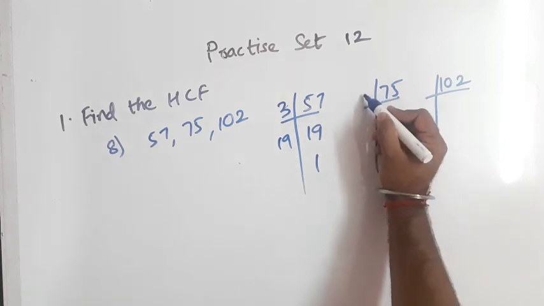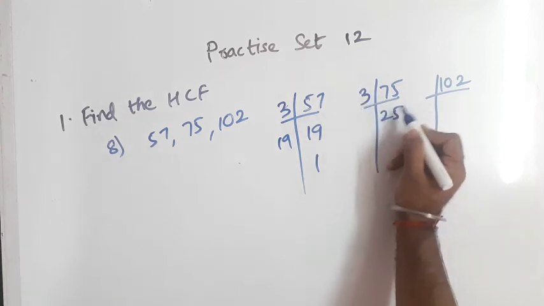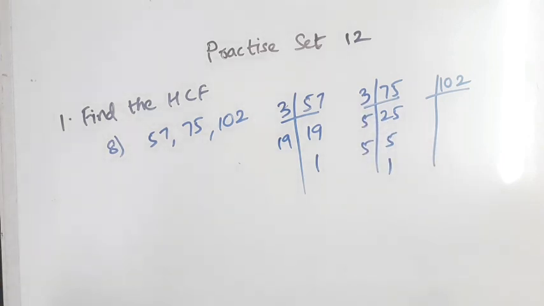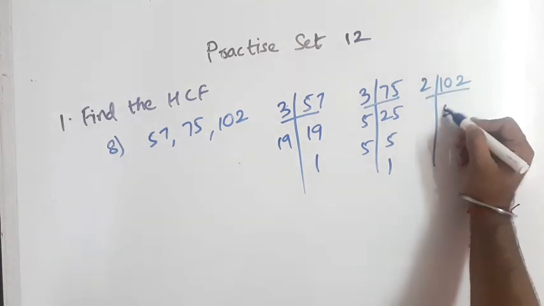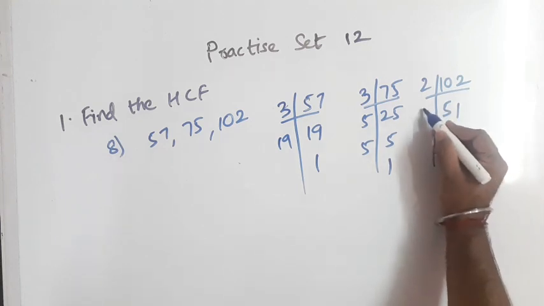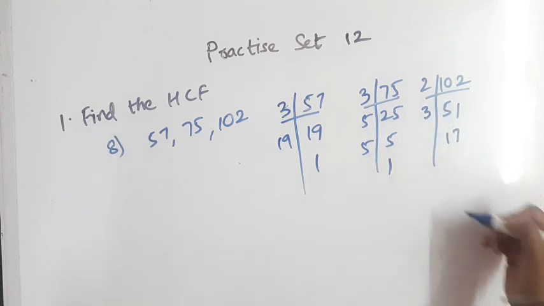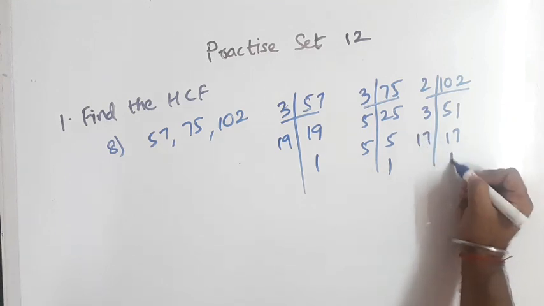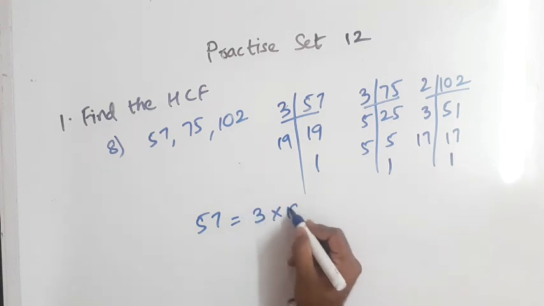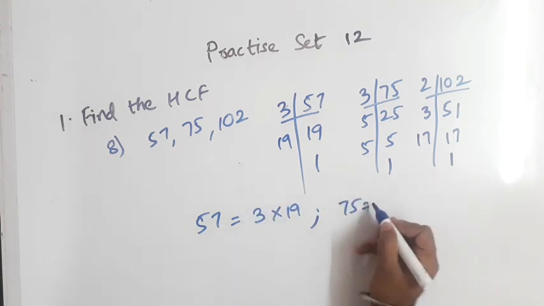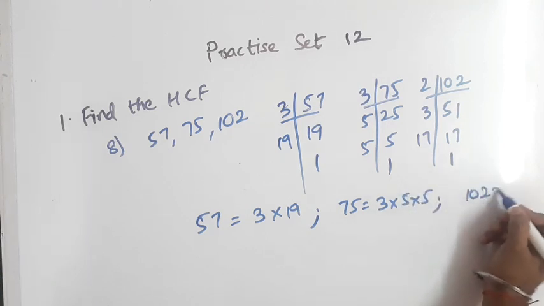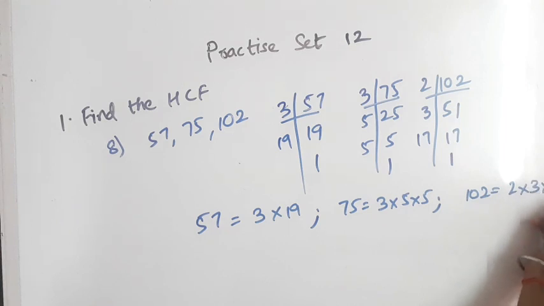Okay, 75 again, 3 25s are, 5 5s are, and 5 1s are. Here I'll take 2 51s. Then this is divisible by 3. You know 17 3s are 51 and 17 1s are. So the factors of 57 are 3 into 19. Factors of 75 are 3 into 5 into 5. And factors of 102 are 2 into 3 into 17.